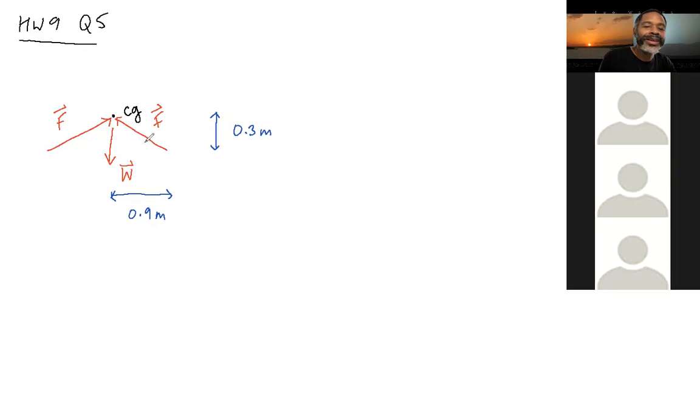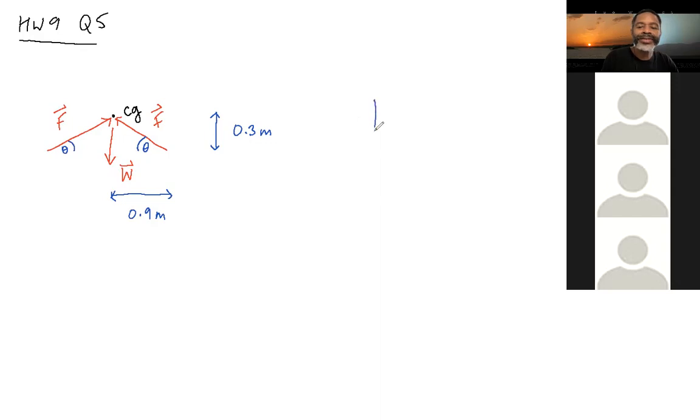So we can think of this angle here. Actually, for right now, we'll just call it theta, right? It's the same angle on either side. Okay. And so that angle is the same angle as this one.